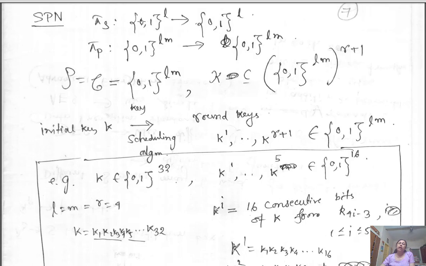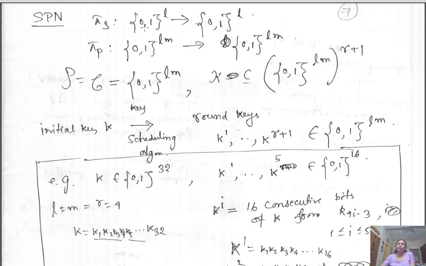Those 16 binary strings, we encode them in hexadecimal, so 0 to 9, then A to F. And the permutation is LM bit to LM bit. LM is 16.